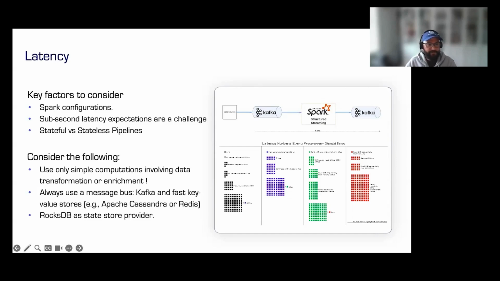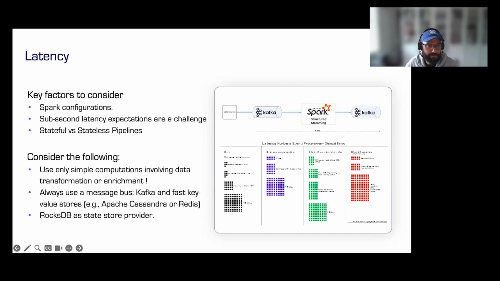I mentioned this already, stateful versus stateless pipelines. It's important to know the difference and choose the right approach. In our case, a lot of aggregation and deduplication required stateful pipelines. So in this case, you have to watch out for the complexity that stateful pipelines will add to your whole end-to-end pipelines.